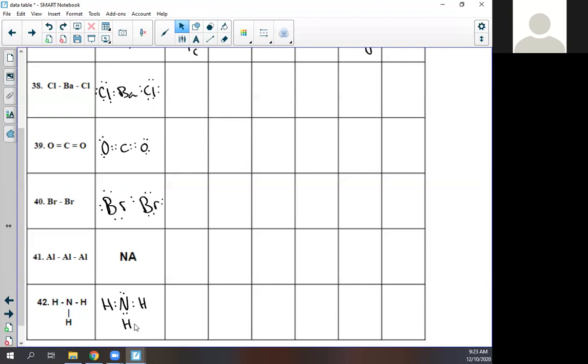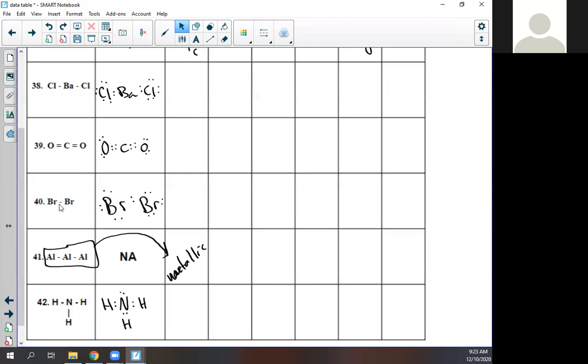All right. Can you help me on 41? It's aluminum, aluminum, aluminum. What do we say when we have a bond that just has a bunch of the same metal? It's a metallic bond. Whatever, that says metallic.